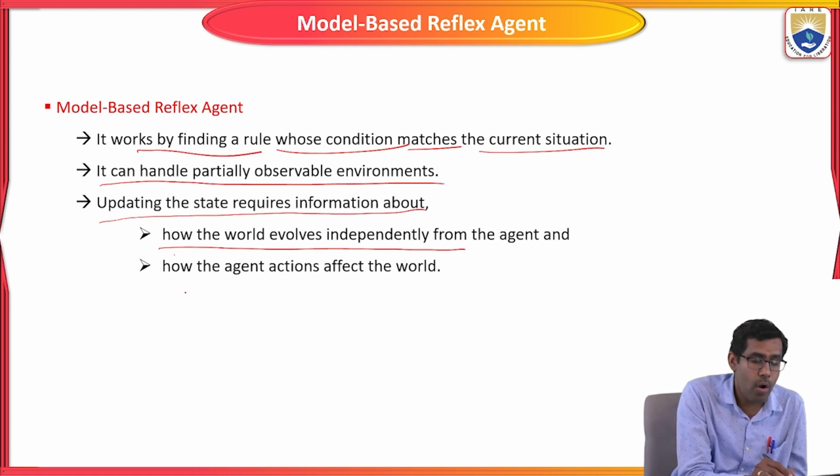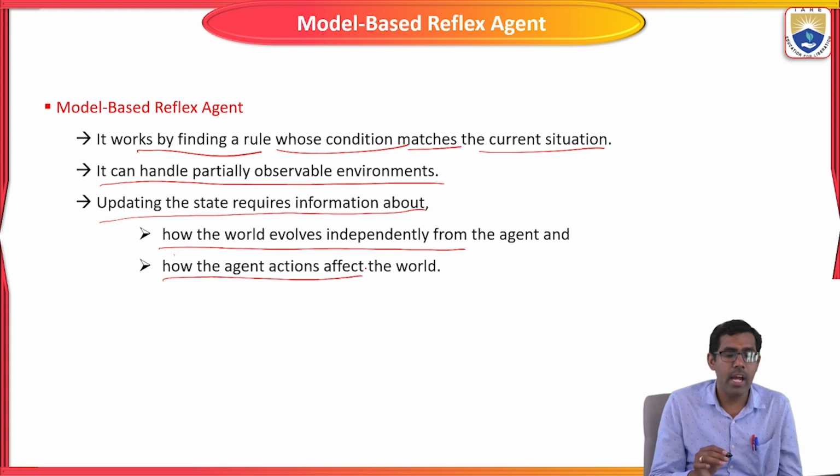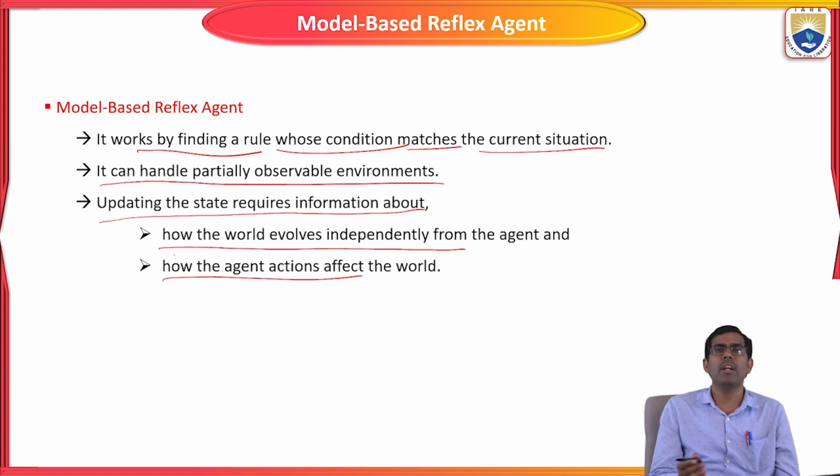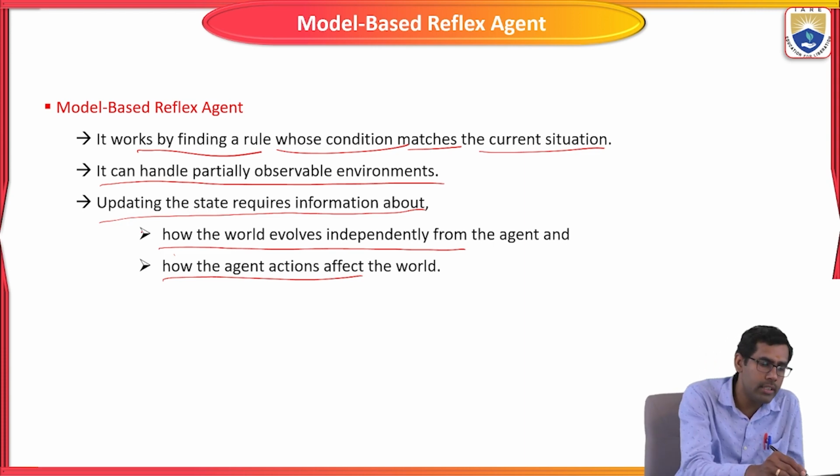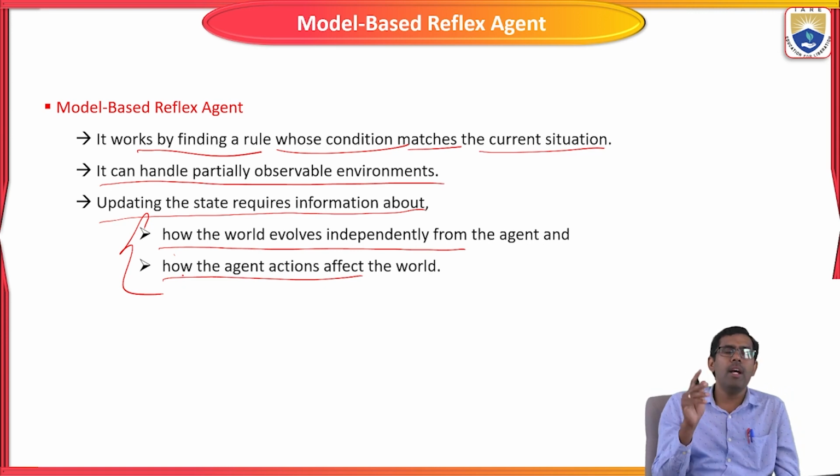And then how the agent's actions affect the world, the environment. If you have a particular state with some actions based on it, how will that action affect the environment? These two things are going to be considered as a condition. Based on that condition, the model based reflex agent will work on the particular environment.